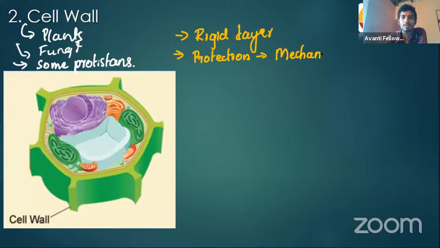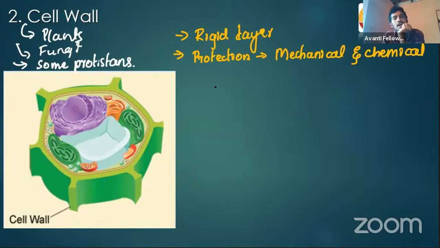Mechanical means if you hurt a plant cell or anything mechanically, or chemically if you put some chemical, the cell wall will be helpful. Then what's the composition? It will vary. Protistans we normally leave because they have a variety of cell wall compositions. The important two are plants and fungi.